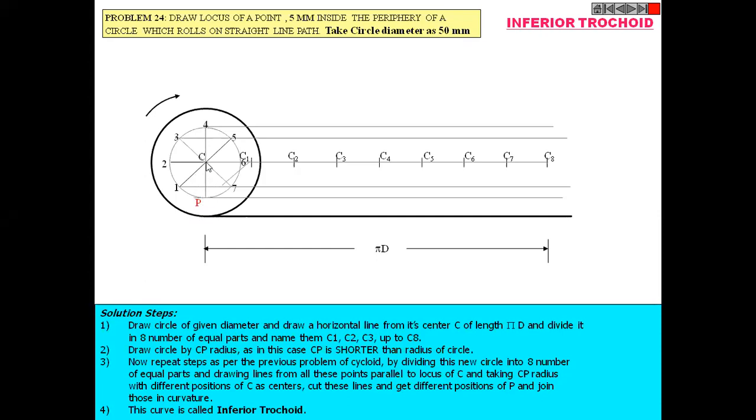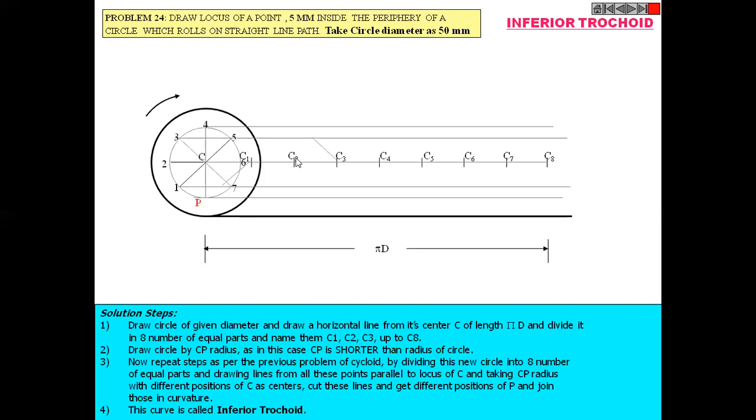So by using the scale, set the distance CP equal to 20 mm. Then with C1 as a center, set the pointer of the compass here and mark one arc on the horizontal line passing through point 1. So this is your required position when the center shifts from here to C1.